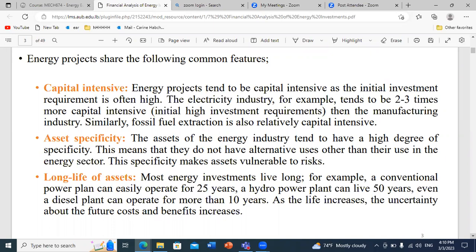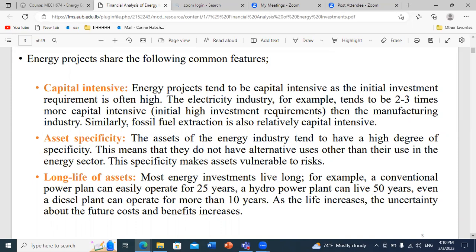So in case you have a problem with one use, the system can just work for other types of usage. However, in case of energy projects, we have a high degree of specificity. This means that they do not have alternative uses other than their use in the energy sector.